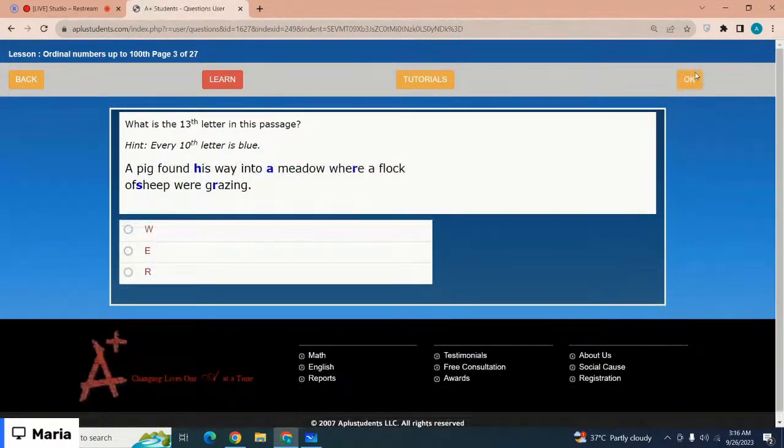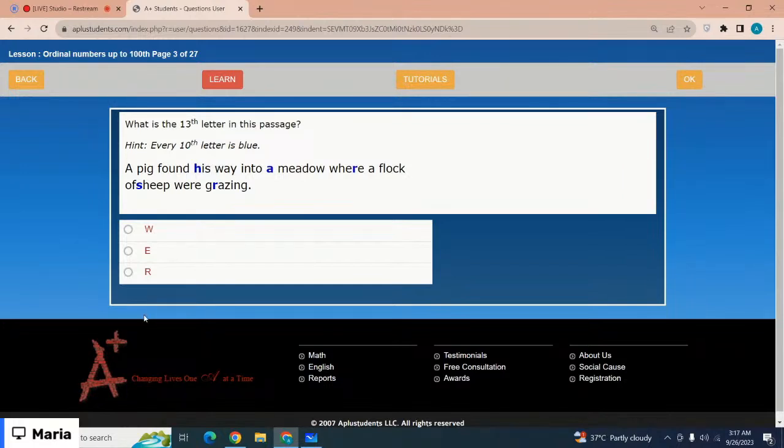What is the 13th letter in the passage? The first one is at the 10th position, right? 11, 12th, and 13th, right?